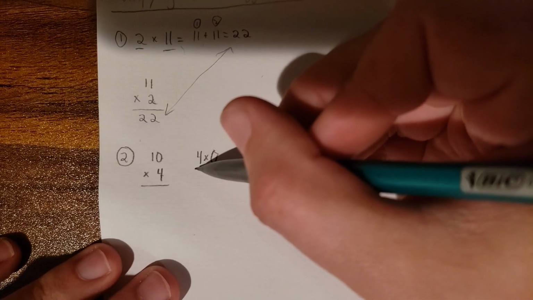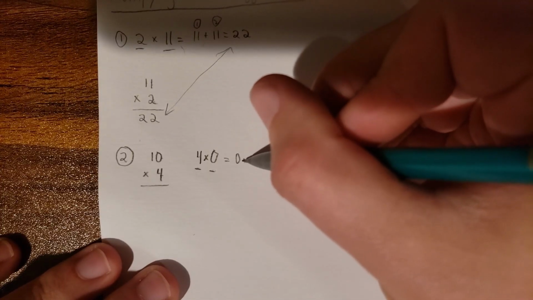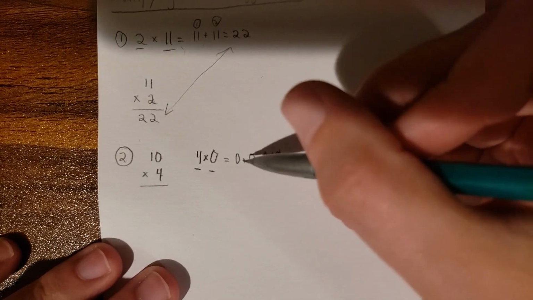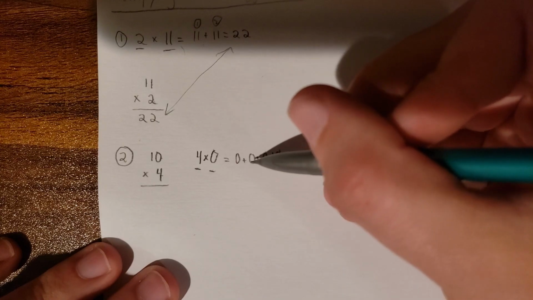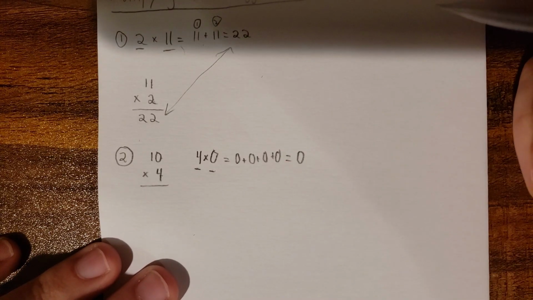Effectively, what we're saying is we're going to have 4 groups of 0 added together. So that would be 0 plus 0 plus 0 plus 0. And we can do the math on that very quickly and say that all of these zeros added together are going to give you a 0.